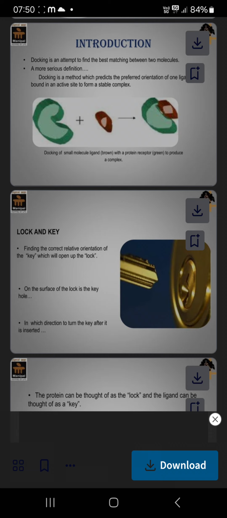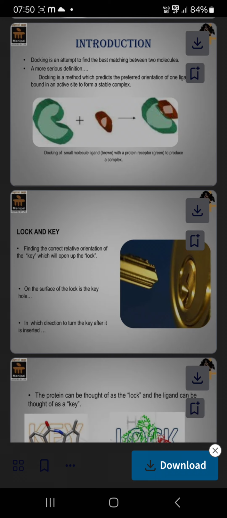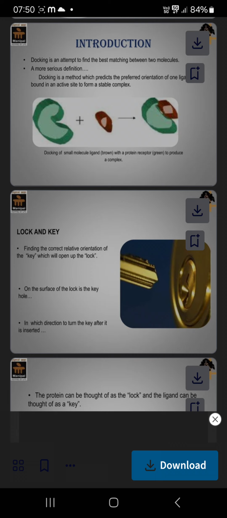A more serious definition: docking is a method which predicts the preferred orientation of one ligand bound in an active site to form a stable complex.